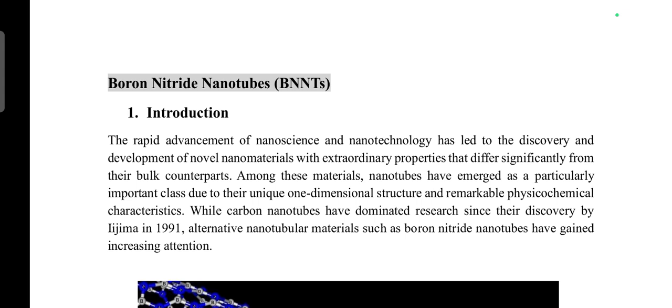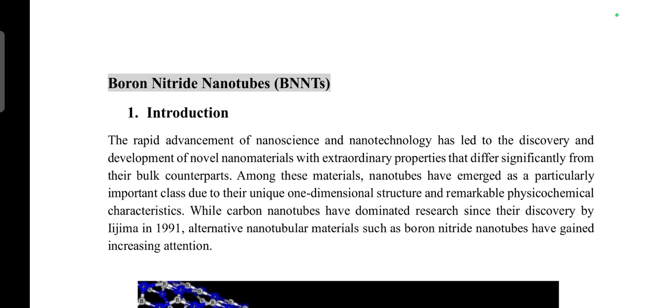The rapid advancement of nanoscience and nanotechnology has led to the discovery and development of novel nanomaterials with extraordinary properties that differ significantly from their bulk counterparts. Among these materials, nanotubes have emerged as a particularly important class due to their unique one-dimensional structure and remarkable physicochemical characteristics.